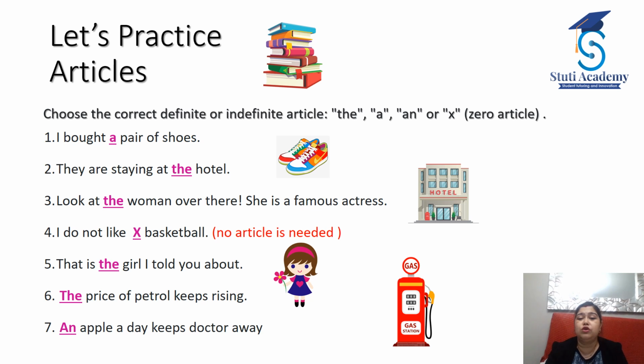The price of petrol keeps rising. I'm talking about specifically petrol prices. An apple a day. Why an? Because it starts with a vowel. So an apple a day keeps the doctor away. I'm talking about some apple, not a specific apple. So remember, vowels and consonants.